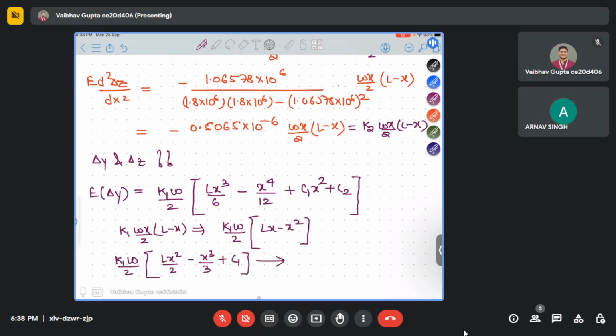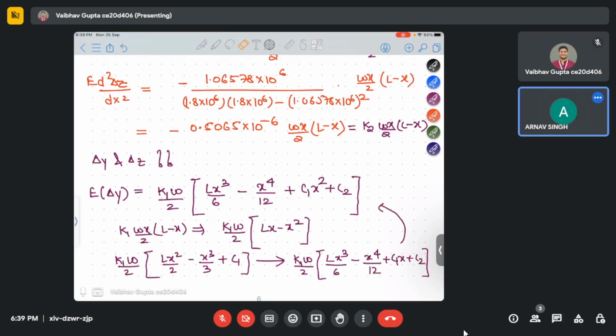Now again integrate: x square by 2 becomes x cube by 3 into 2, which is 6. Minus x cube becomes x4 by 4, 4 times 3 is 12. C1 becomes C1x plus integration constant C2. That's how we got it. Got it? So I'll remove this part.